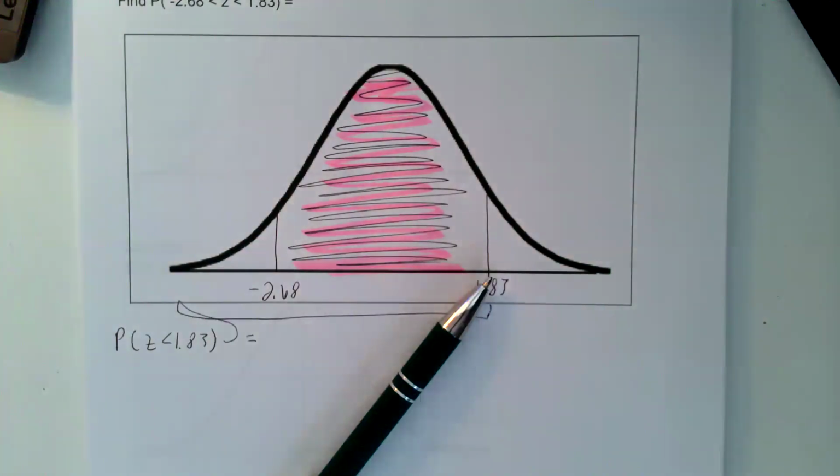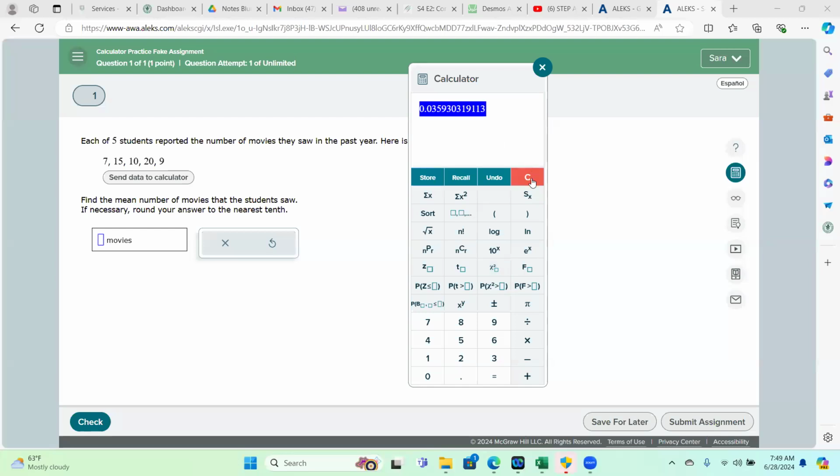So when I do that, let's find out how much that is. So all the way less than the 1.83. Okay, so that is 0.96638.